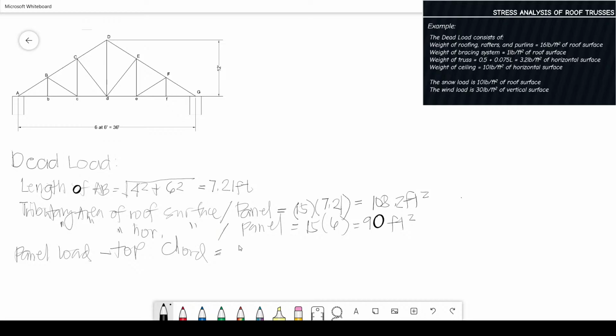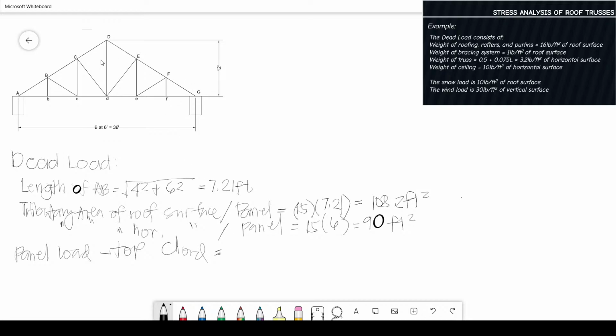So, we assume that the top chord carries the bracing, as well as the weight of the truss itself. Some designers prefer half-half: half of the load of the bracing goes to the bottom chord, and the other half goes to the top chord. So, half-half, both for the weight of the truss and the weight of the bracing systems.